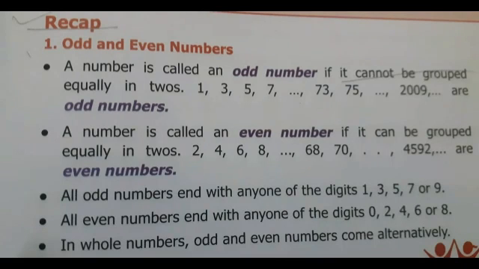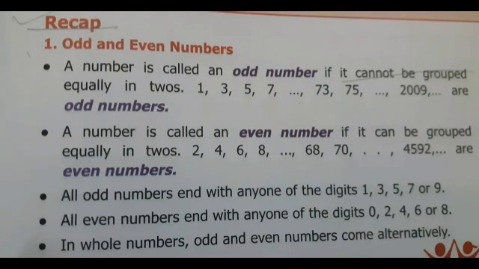An even number ends with the digits 0, 2, 4, 6 or 8. These are odd and even numbers.